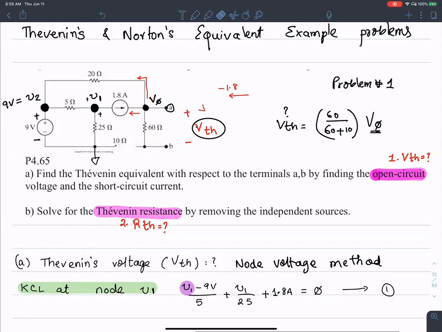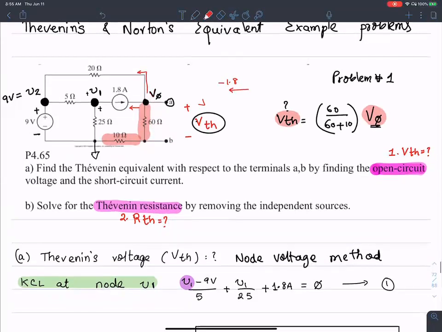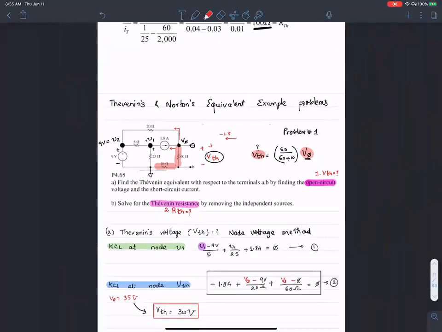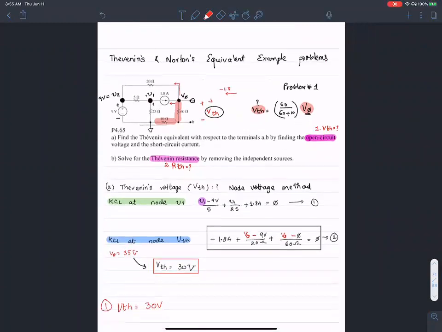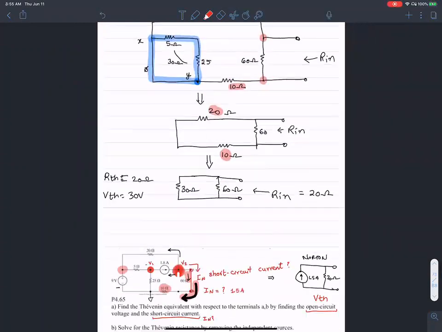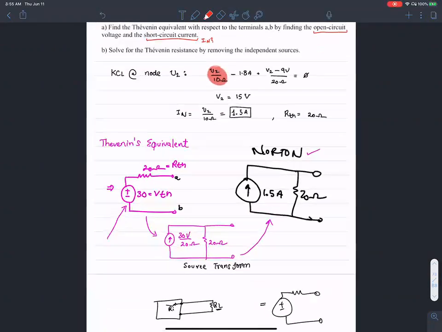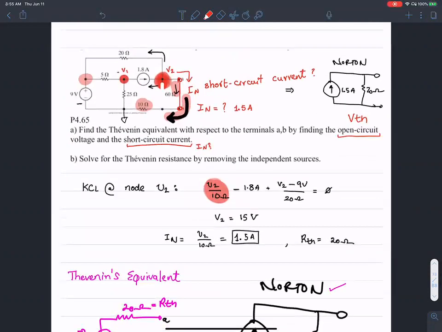But at the end of the day, to get VTH from V0, I simply apply a voltage division between 60 and 10. So that's the idea of the Norton equivalent: finding the Norton equivalent amounts to finding the short circuit current.